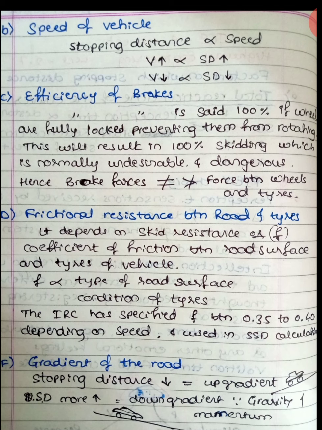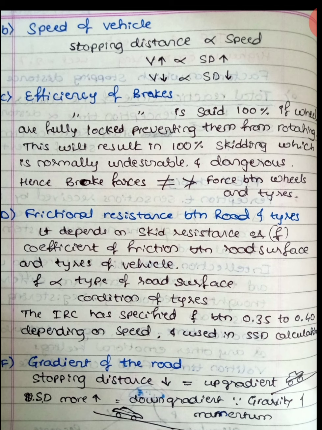Next is frictional resistance between road and tires. It depends on skid resistance, or coefficient of friction, small f, between the road surface and the tires of the vehicles.